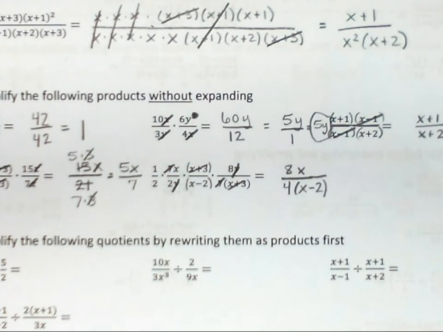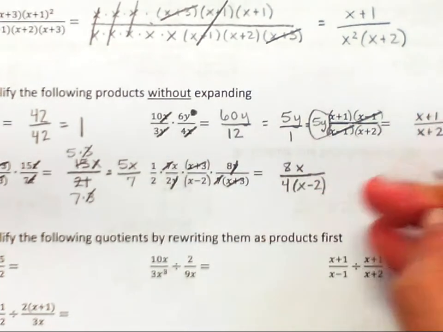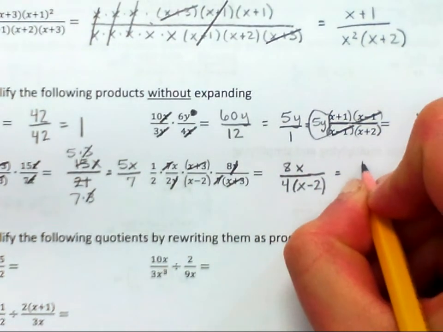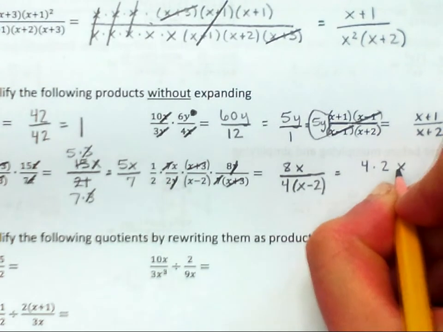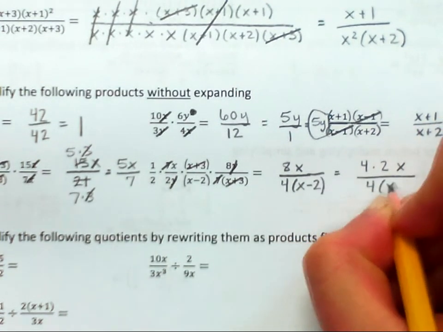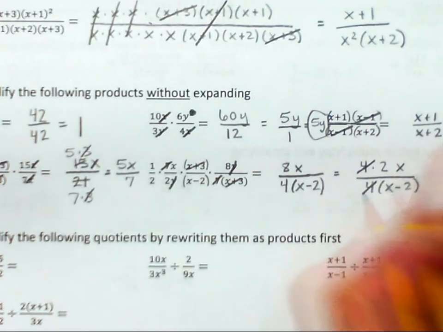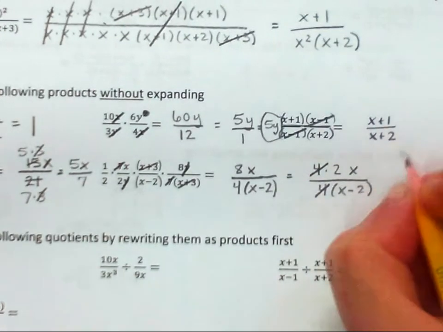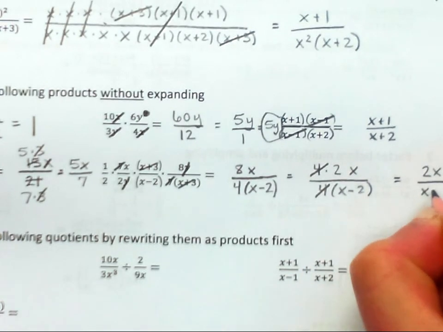Then the 8 and the 4 can be reduced, and I am going to go ahead and go back to our rewriting method. So 8 is 4 times 2, so 4 times 2 times x in the top instead of 8x, and in the bottom 4 times x minus 2. So those 4's can cross out, and the final answer is 2x over x minus 2.